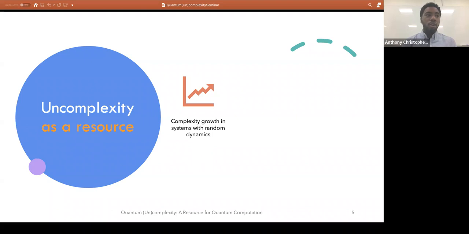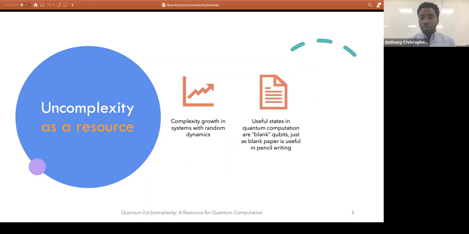And for experimenters who want to have systems that have not yet undergone random dynamics and thus are relatively controllable, it's useful to think of uncomplexity as characterizing the system being in a relatively well-known state.